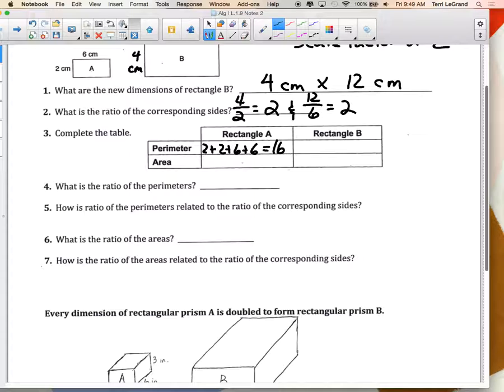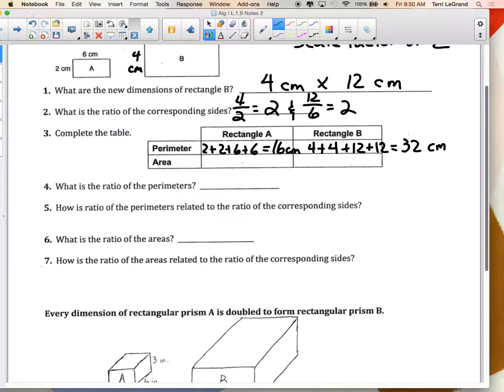Centimeters, because when you add centimeters to more centimeters, you still have centimeters in the end, don't you? Okay. How about rectangle B? What's its perimeter? Well, we got to add 4 plus 4 plus 12 plus 12, and what's that equal? 32. Okay. And those are centimeters.